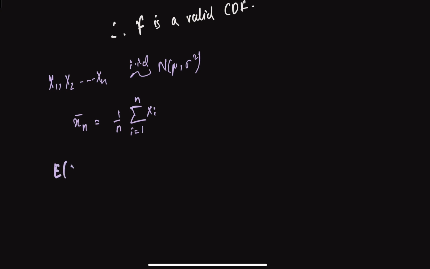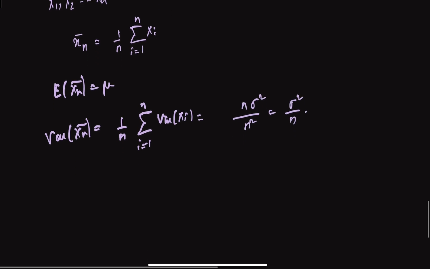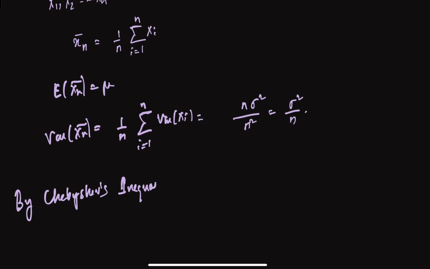The expectation of Xn bar is mu, and the variance of Xn bar is 1 by n square times the summation of variance of Xi, which is n sigma square by n square, which is sigma square by n.